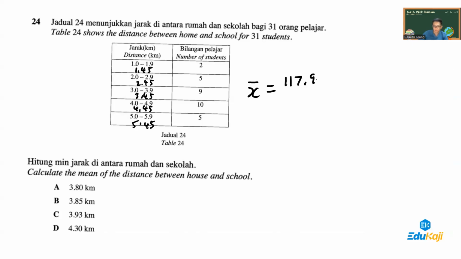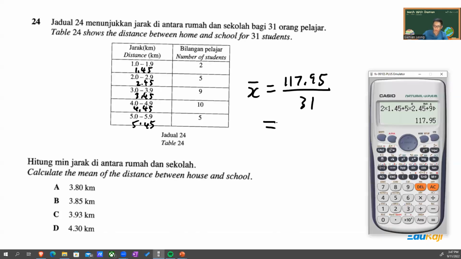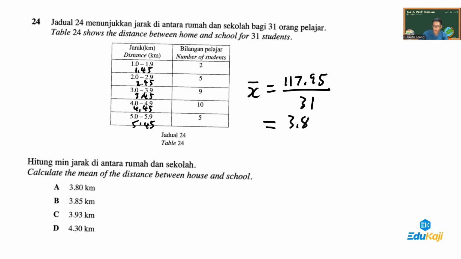That gives 117.95. Divide by total frequency. They already tell you here there are 31 students, so I just divide by 31. Then I get 3.804, so 3.80. Answer A.